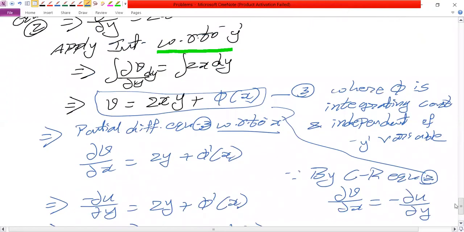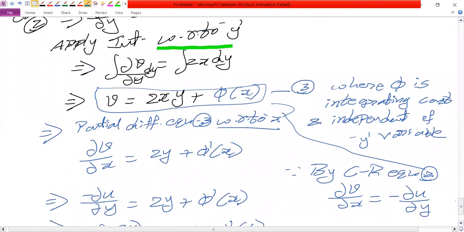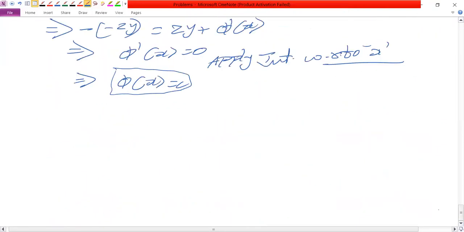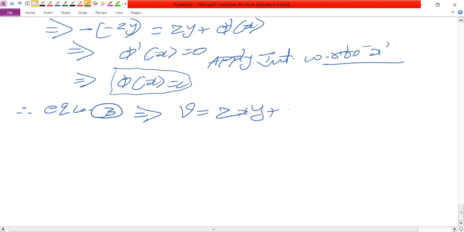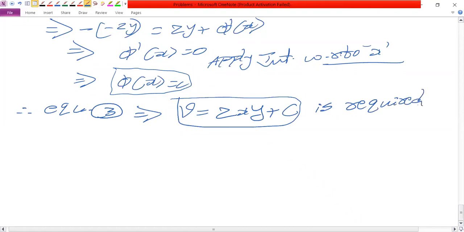As one of your friends mentioned, in equation number 3. Therefore equation 3 implies v equals 2xy plus phi of x, y, which is nothing but c, is our required conjugate harmonic function of the given u function.